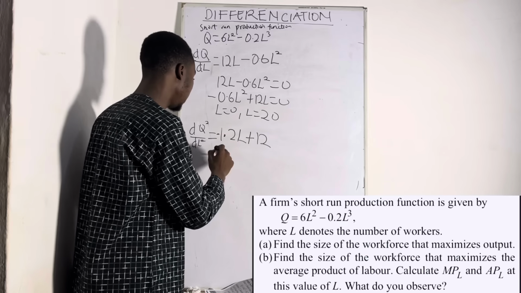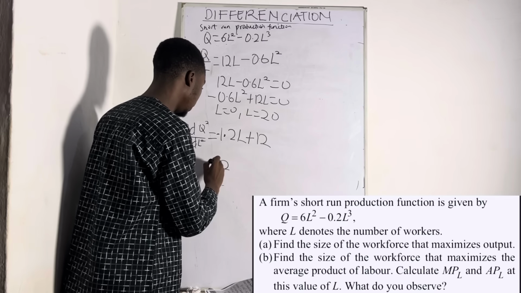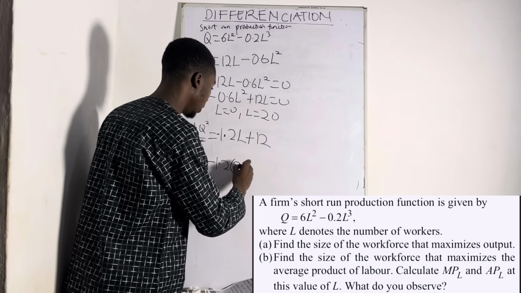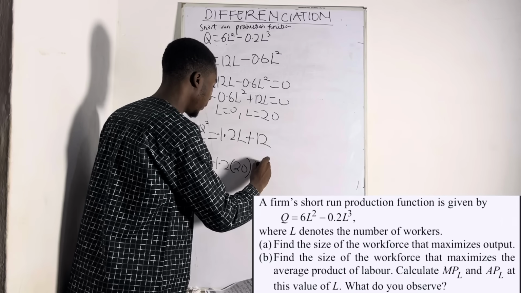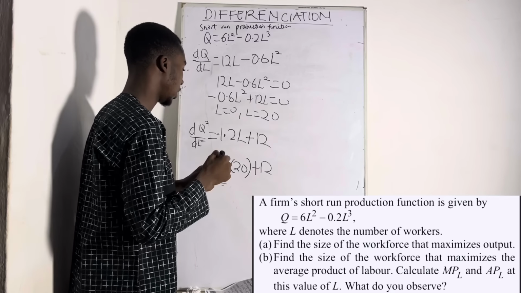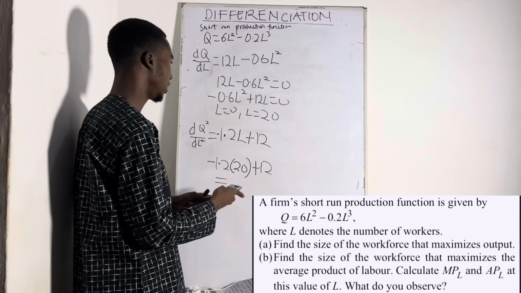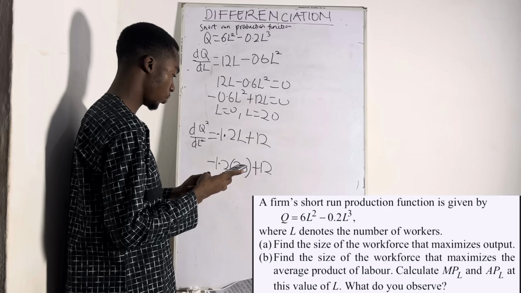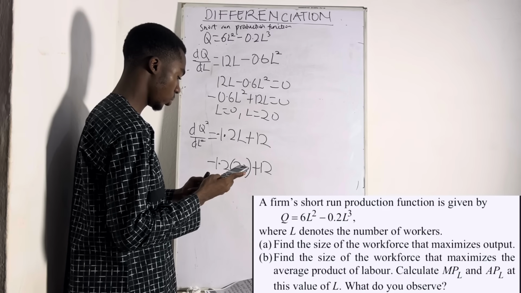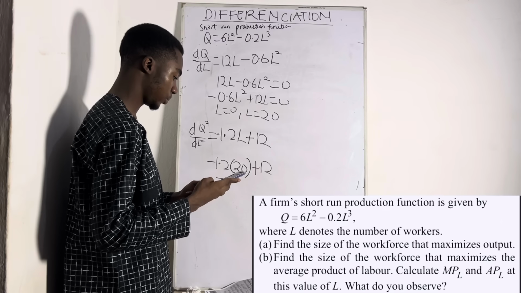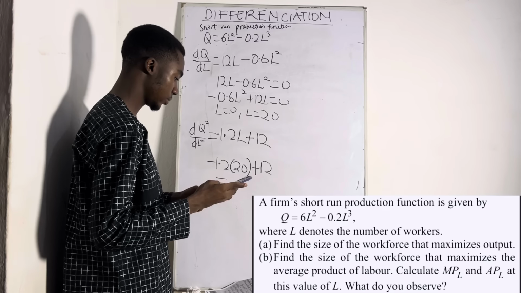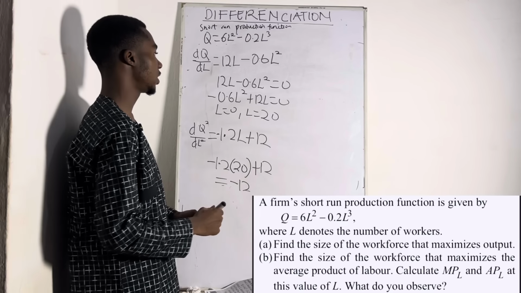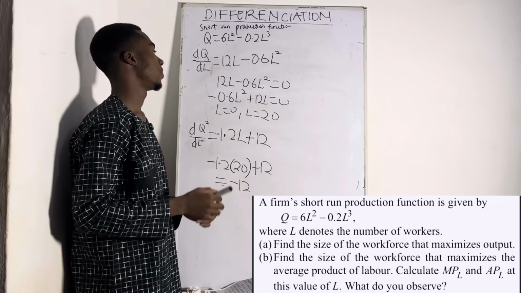So we have negative 1.2 L, and our L is now 20, plus 12. If we calculate and whatever we get is negative, then it maximizes output. So negative 1.2 into bracket 20 plus 12, we are getting negative 12. Since we got a negative 12, it means this 20 actually maximizes output.